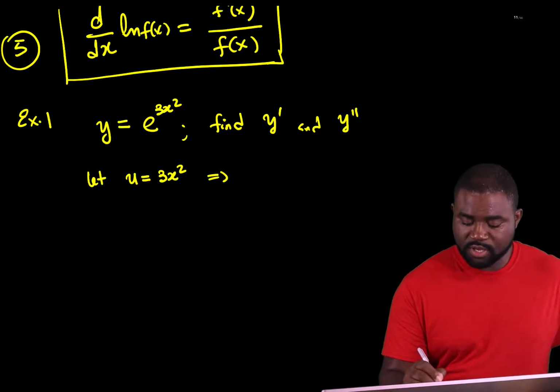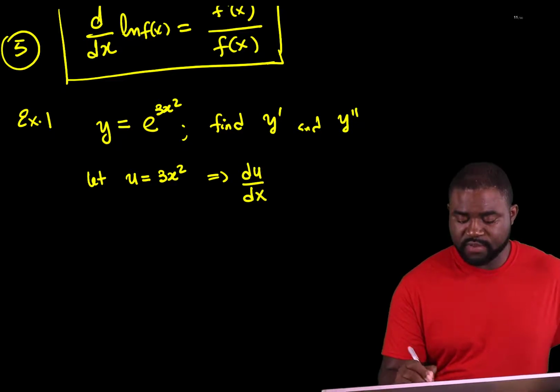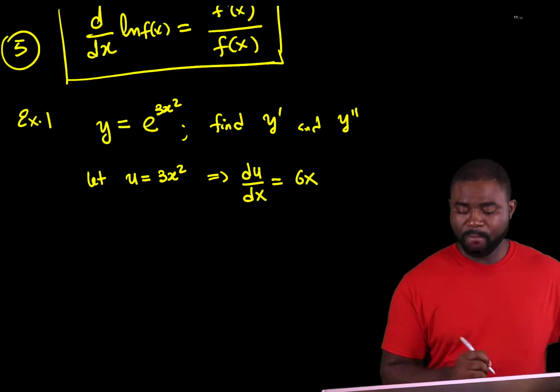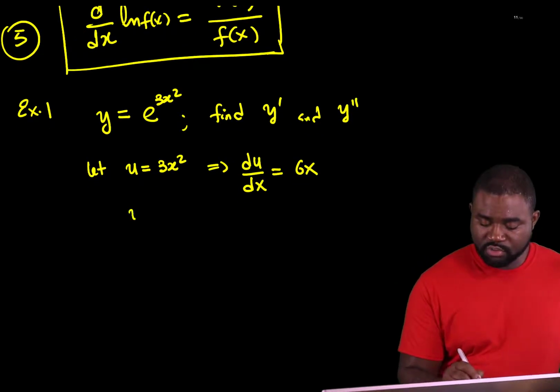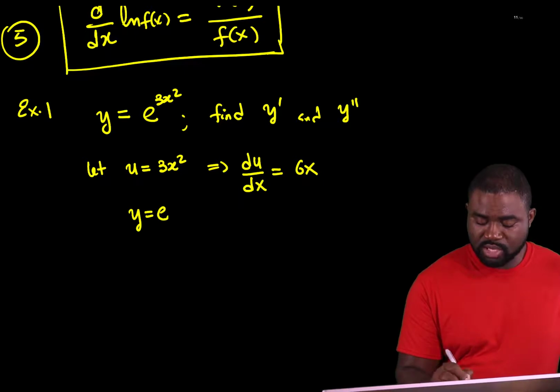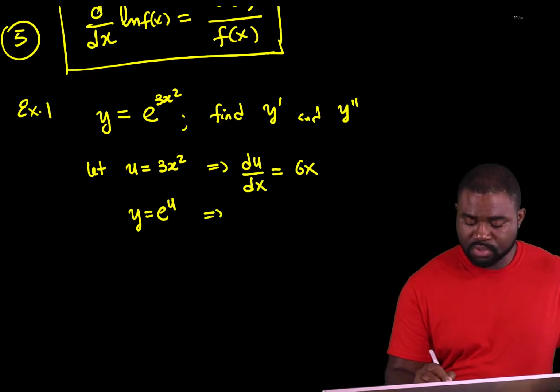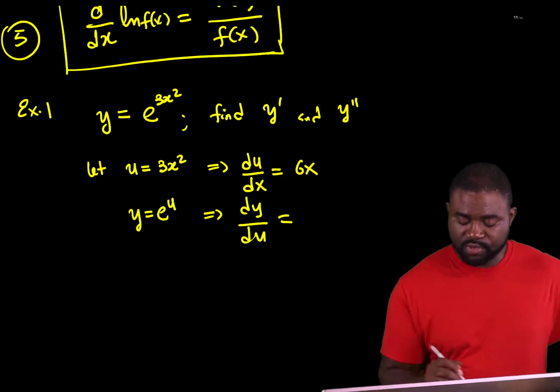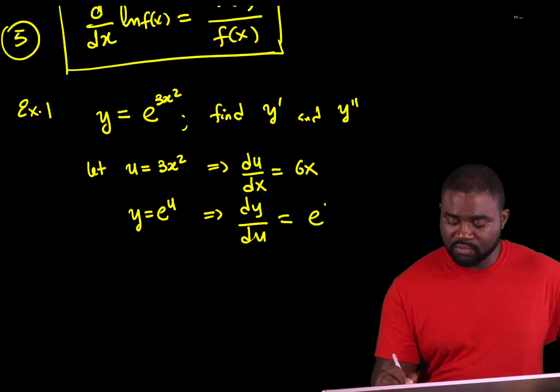This would imply that du dx is equal to 6x. Similarly, this would mean that y is equal to e raised to the power u, which means that dy du is equal to e raised to the power u.